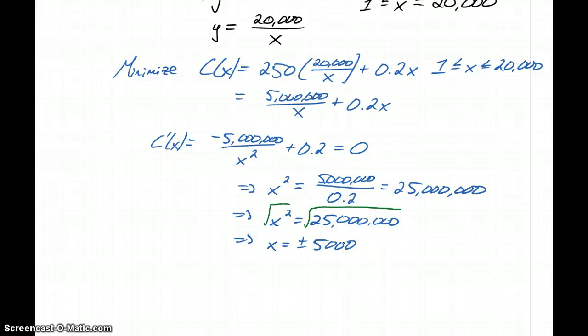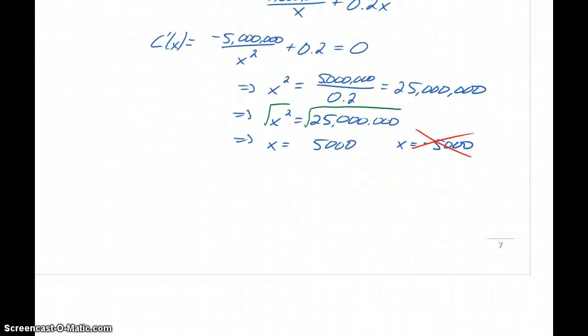So really, we don't need to worry about the negative 5,000 since that's outside our domain, because we're not going to produce a negative number of DVDs. So the only critical value we have to worry about is 5,000. But let's put that other value off to the side, and we'll just cross that one out since it's outside our domain. So we have a single value to consider.